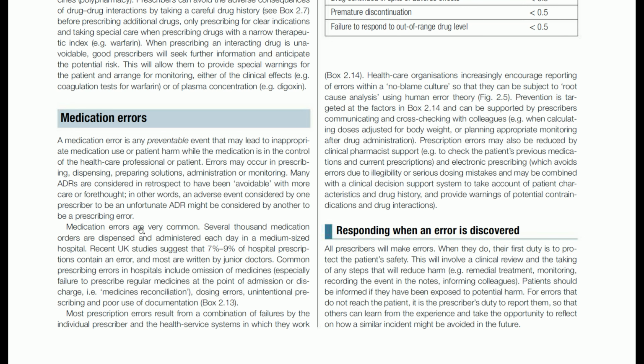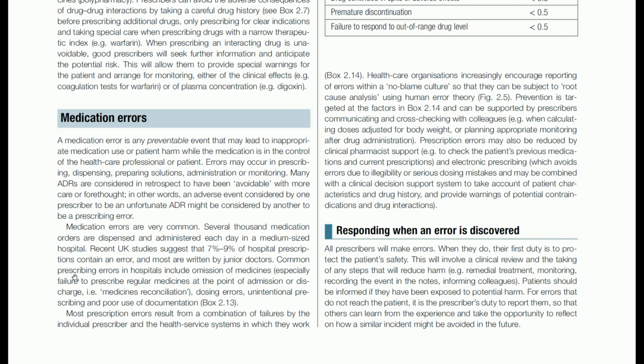Medication errors are very common. Several thousand medication orders are dispensed and administered each day in a medium-sized hospital. Recent UK studies suggest that 7% to 9% of hospital prescriptions contain an error, and most are written by junior doctors.